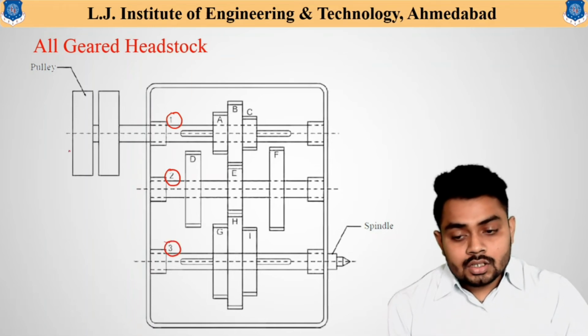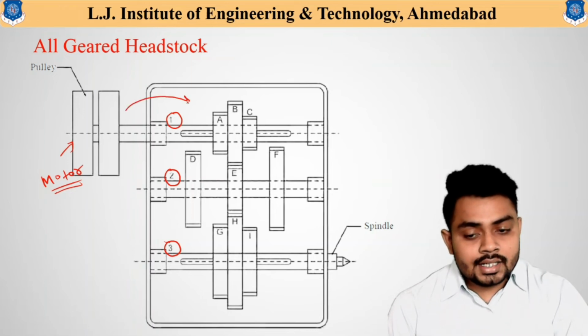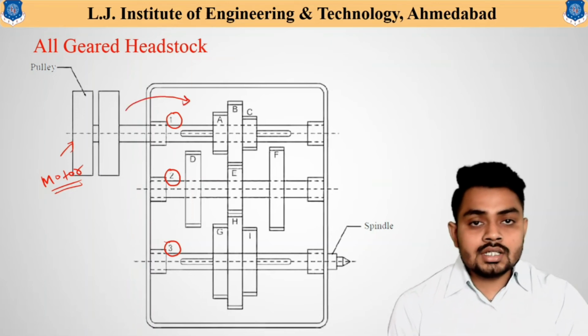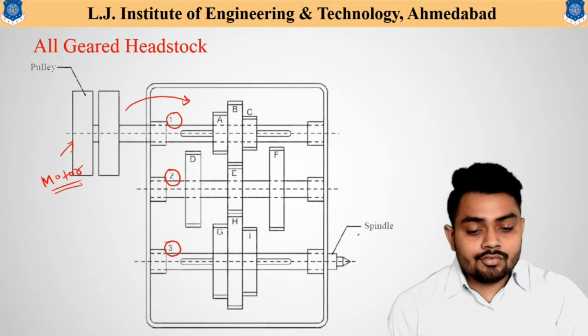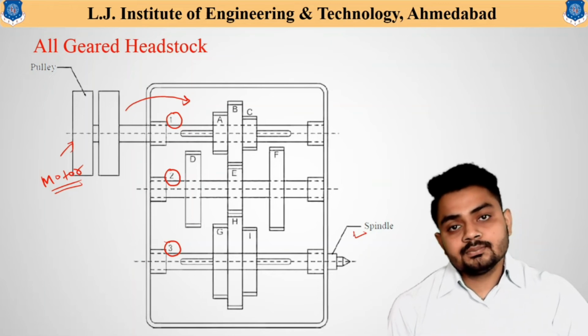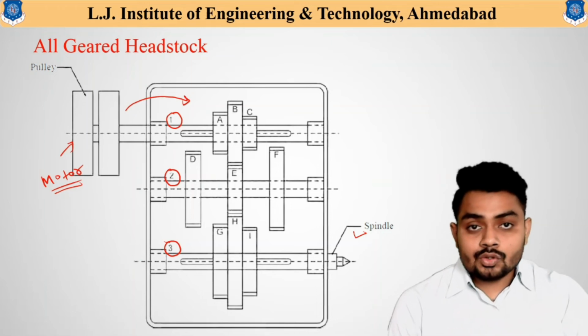So using this pulley arrangement, the motor is attached. From this motor, power is transmitted to shaft 1, and by using the different arrangement of gears, the power is transmitted finally to the spindle. Now how power is transmitted in this all geared type headstock we will understand.